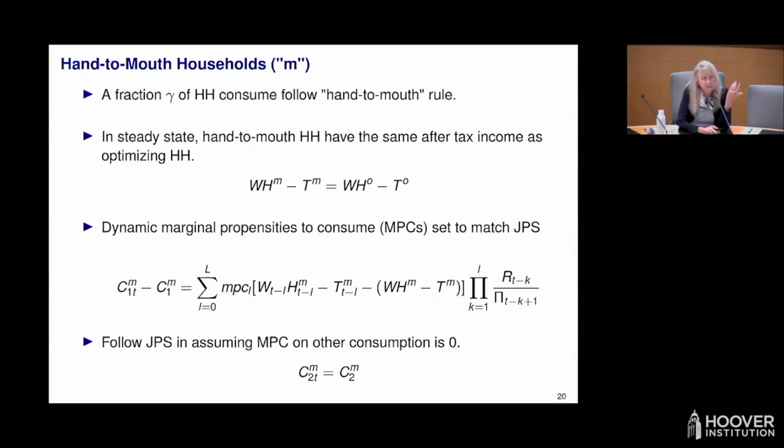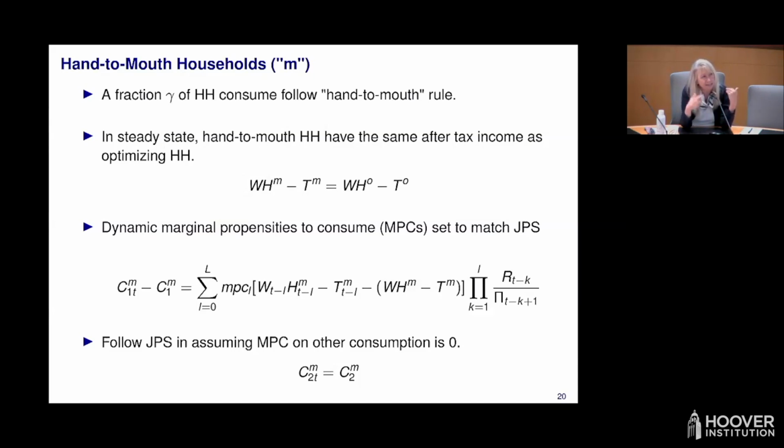So the hand-to-mouth households, in contrast to the optimizers, follow this hand-to-mouth rule. In steady state, we assume that they had the same after-tax income as optimizing households. In order to exactly match Jonathan Parker's estimates, instead of making them consume everything in the first month, we spread it over the 3 months.